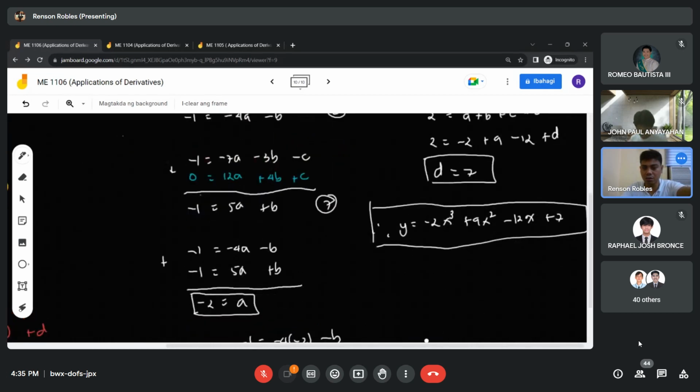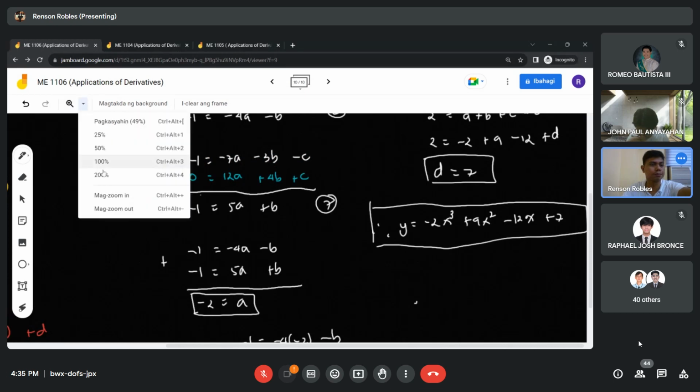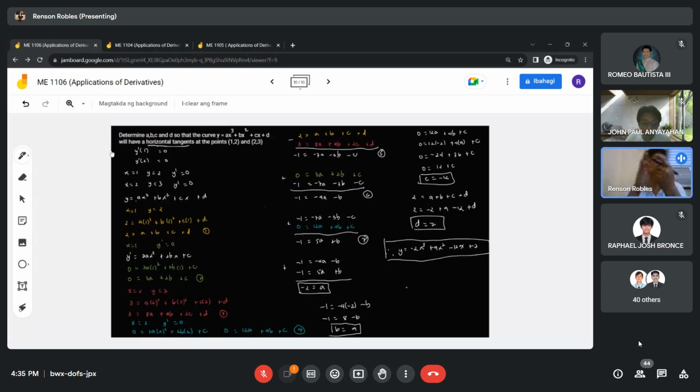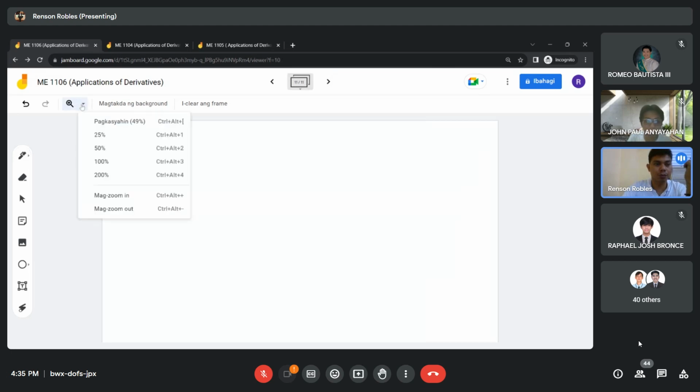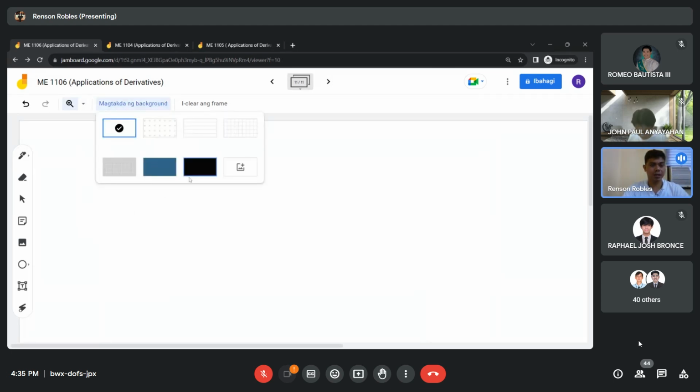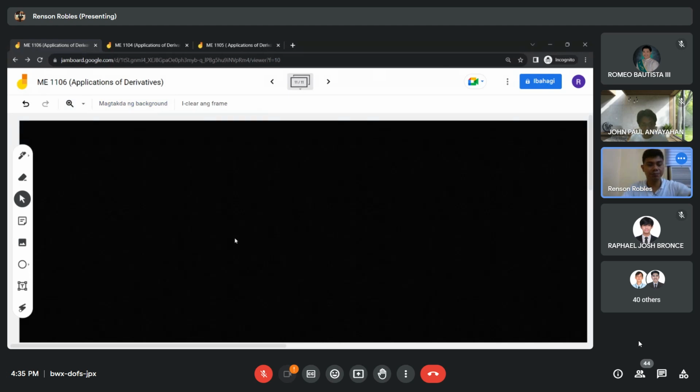Then you get this equation. You ask your question if you have question. And let's see which one of that point, 1, 2, or 2, 3, is the relative min or relative max.